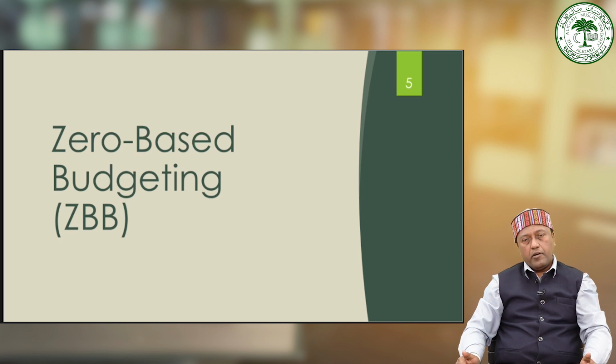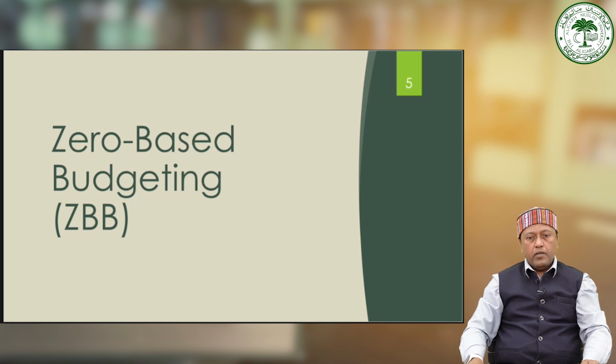When you submit all this to the authorities, it becomes easy for the administrators or managers to understand and approve the budget accordingly. So that is a big advantage of ZBB, and it promotes accountability and transparency in budget decisions, and can help identify areas for cost saving or reallocation of resources.